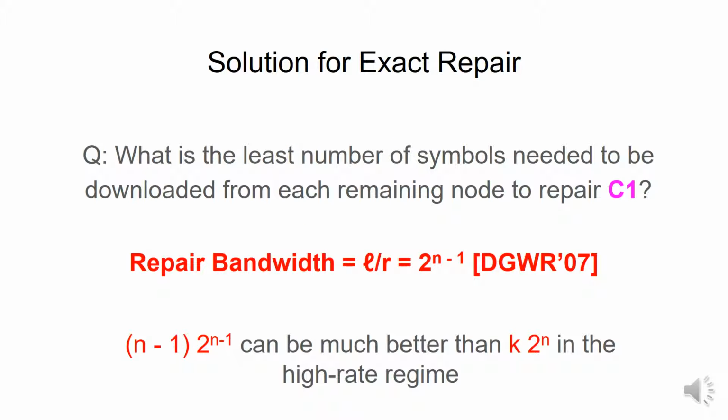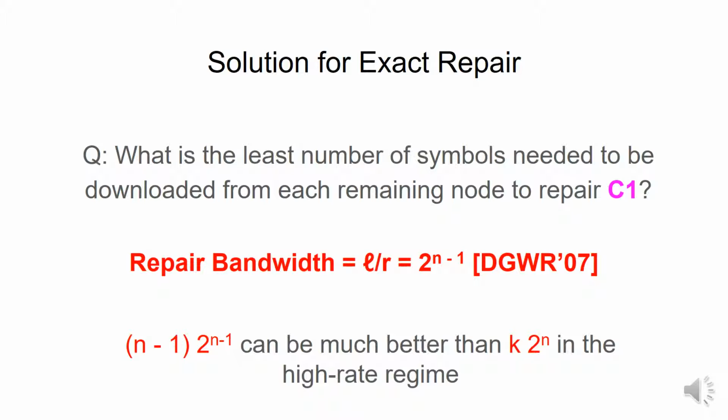Now, how does this code give a solution for exact repair? So what was the question again? The question was, what is the least number of symbols that need to be downloaded from each remaining node to repair C1? It turns out that this quantity is bounded by L by R. This is there in a seminal paper of Dimakis et al. in 2007.